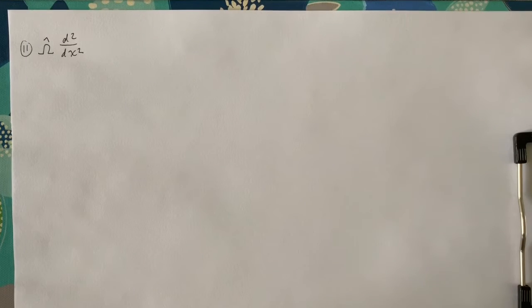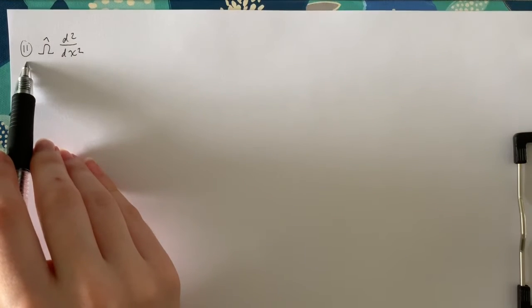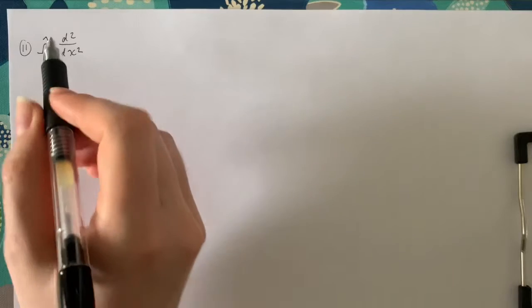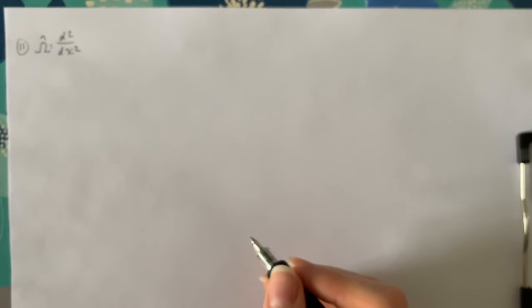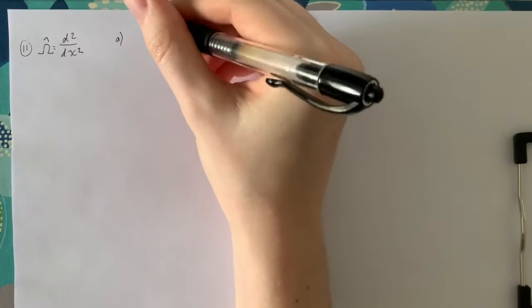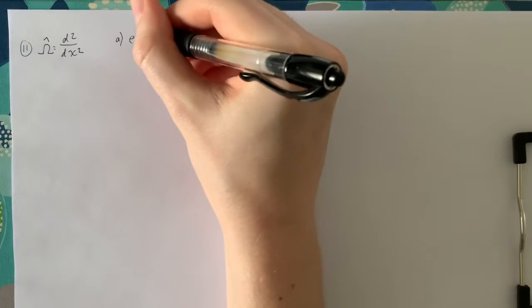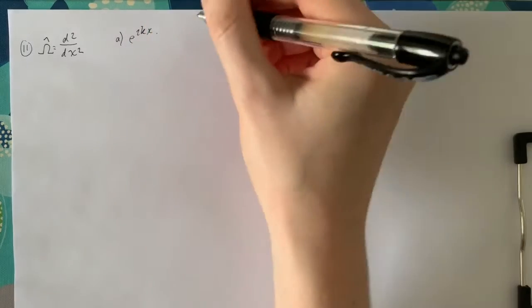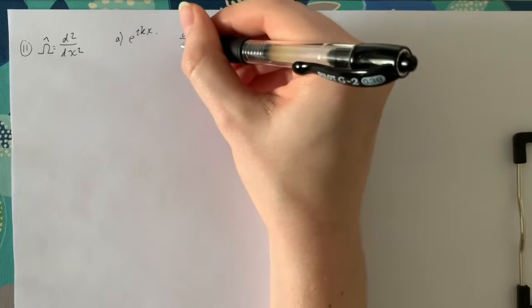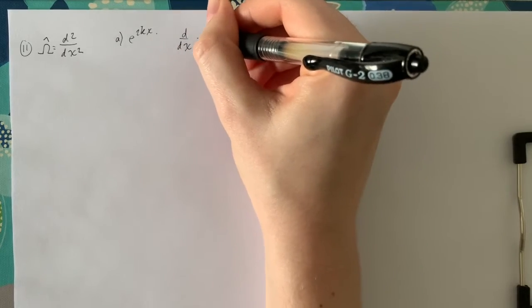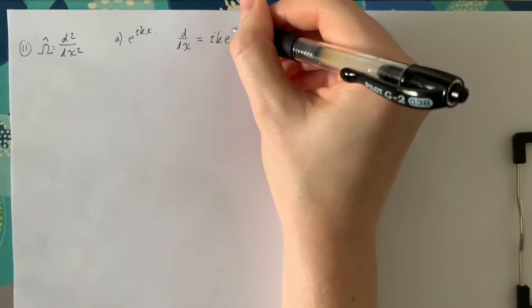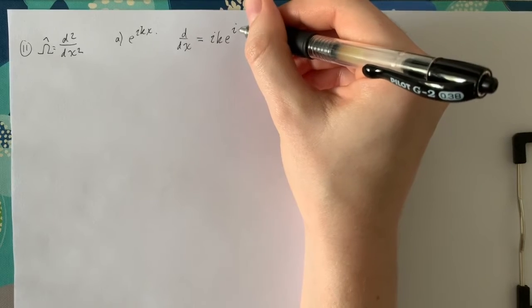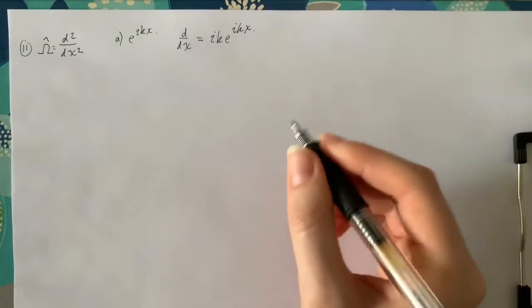So now we're going to move on to exercise 11, where we do the same thing, but the operator is now the second derivative. This works out nice because we can just take the derivative of the derivatives that we just took. So for the first function, e to the ikx, we had the first derivative equal i times k times e to the ikx.